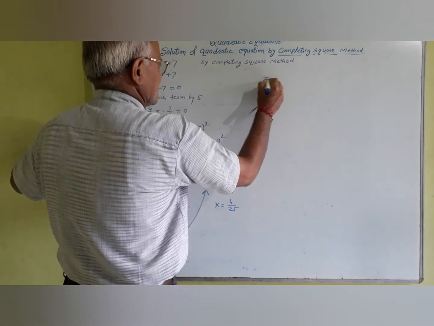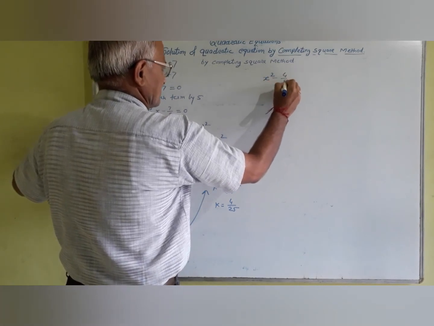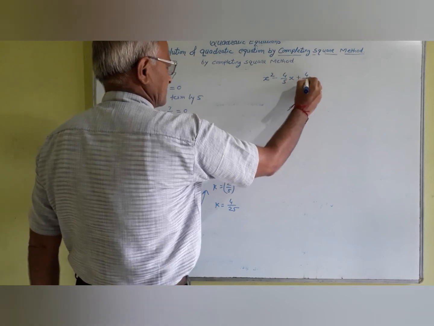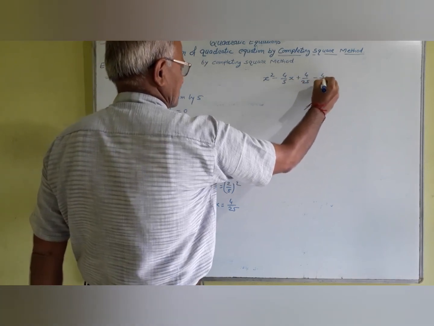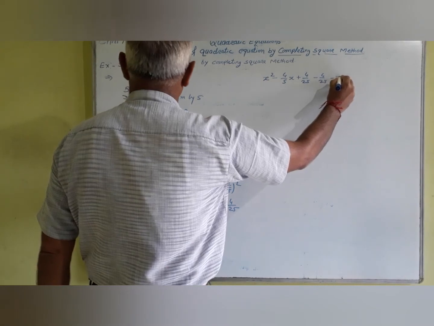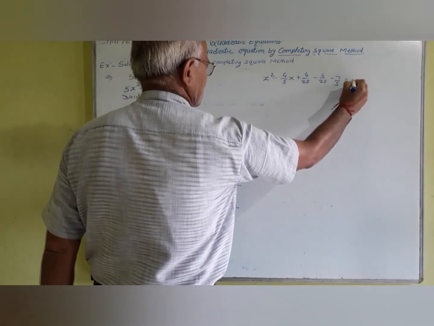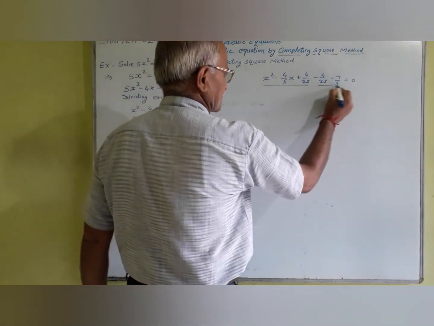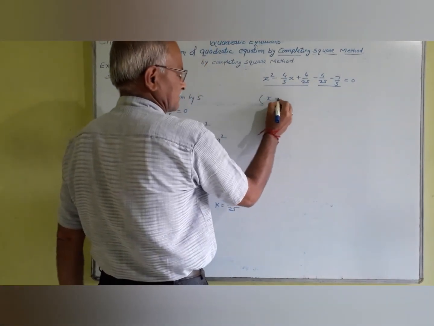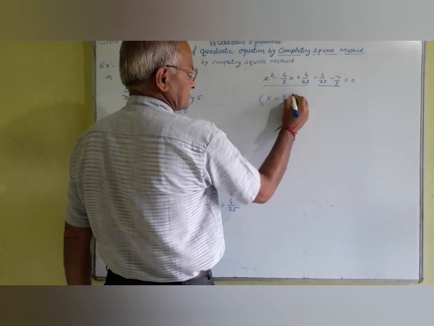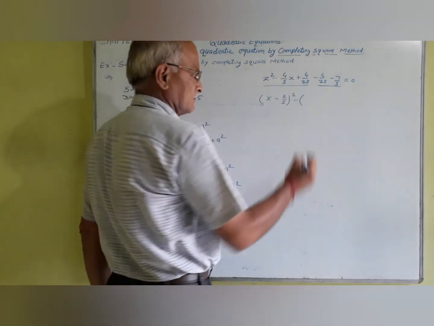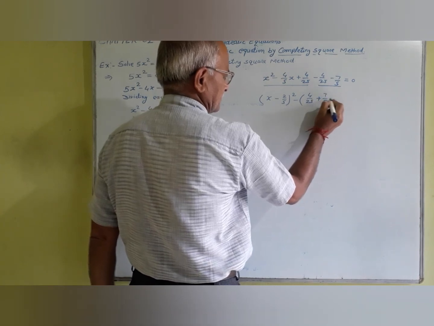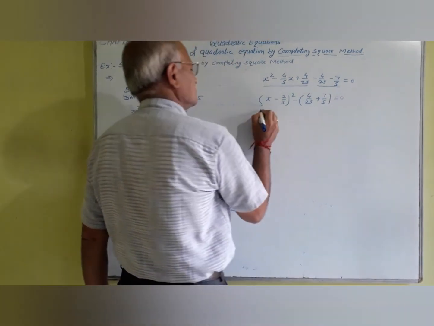We get x square minus 4/5 x plus 4/25 minus 4/25 minus 7/5 is equal to 0. The first three terms are a perfect square. It is a perfect square of (x minus 2/5) whole square. Minus is taken as common: 4/25 plus 7/5 is equal to 0.